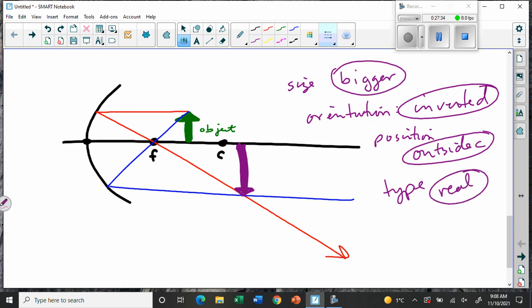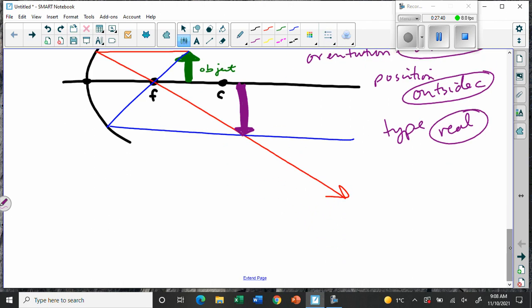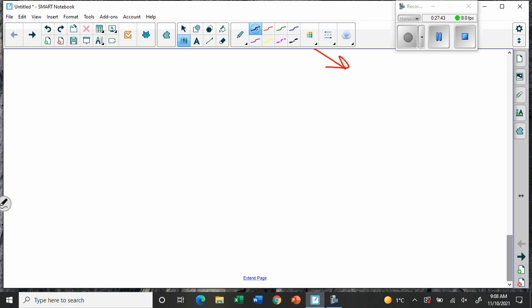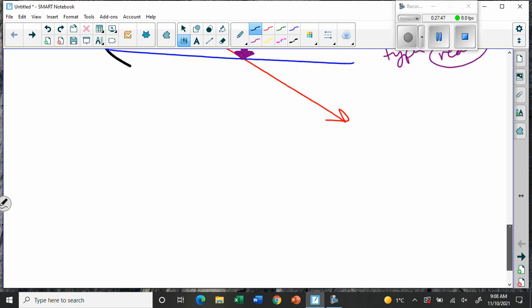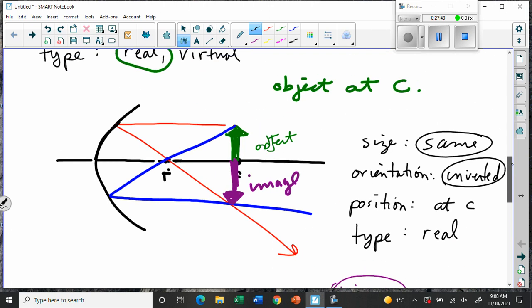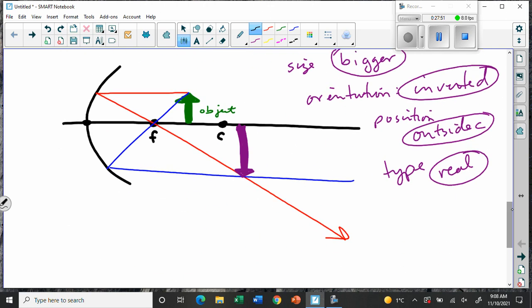Okay. Next thing is to put it right on the F and see what happens. Okay, we'll try to draw that example. So let's go at F. We didn't write here what this was. So we titled the first one Object at C. So this would be object between F and C, right?